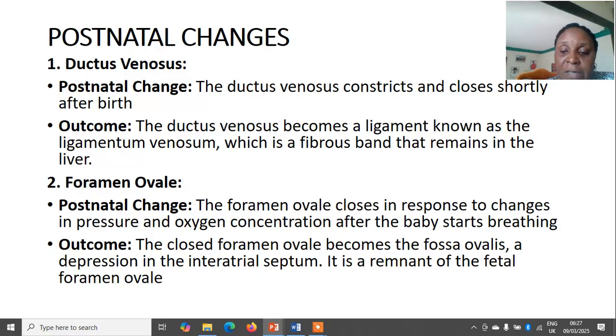It is a remnant of the fetal foramen ovale. So when the heart is checked, it has a depression in the septum, which separates the atria. And this is a remnant of the foramen ovale. It is called the fossa ovalis.